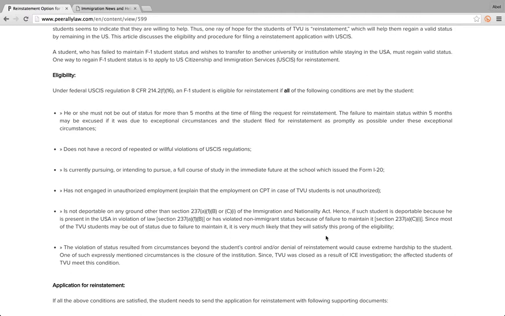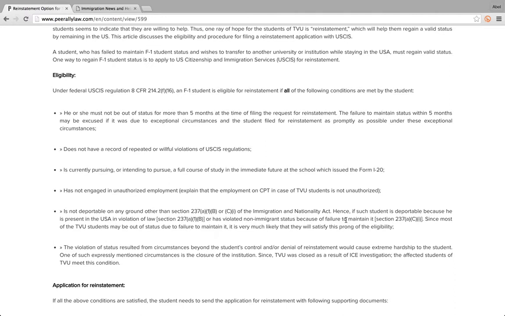And this was analyzed for Tri-Valley University. For those who don't know, this was a famous situation that happened in 2011, where we were very actively involved to help, and fortunately many were able to fix their problems. But in this case, if you have misrepresentation and fraud, it won't work for reinstatement.